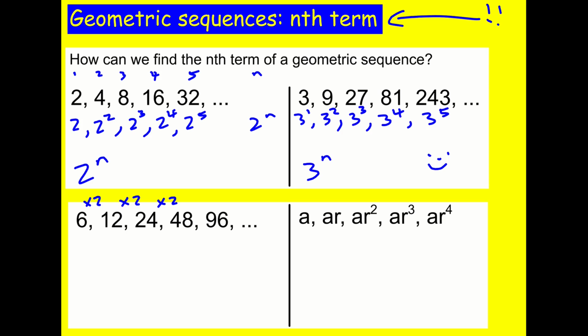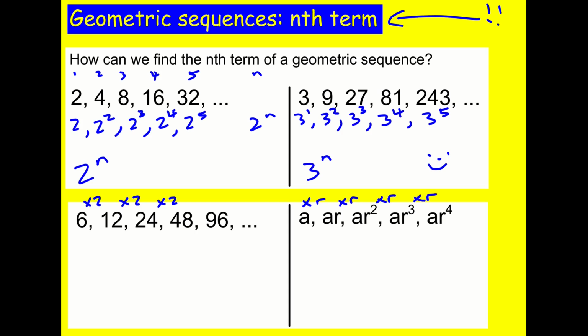The first method is to jump into writing down a general geometric sequence. We start with some number, a, and then we times through by a common multiplier, in this case r. And then I just keep timesing by that common multiplier, and you can see that the power just goes up.